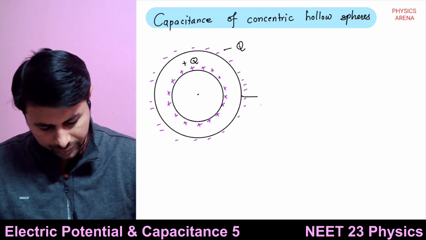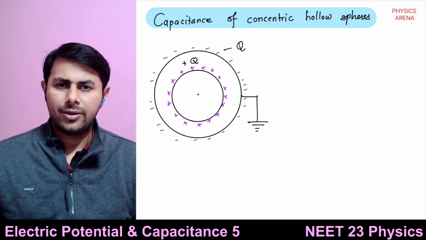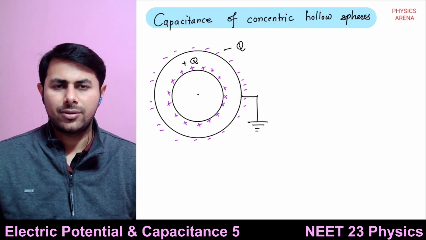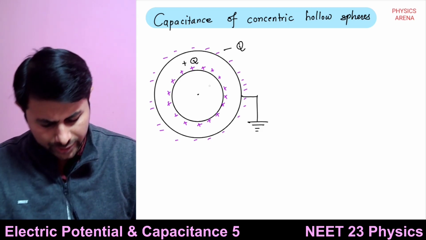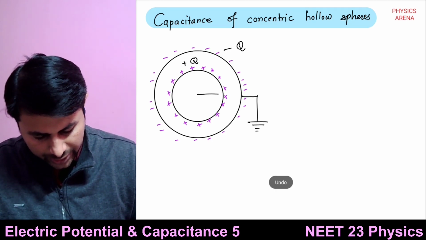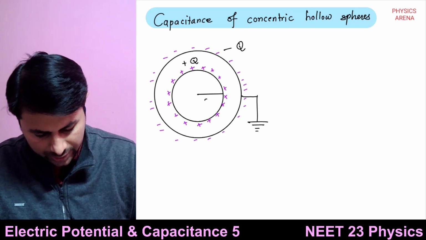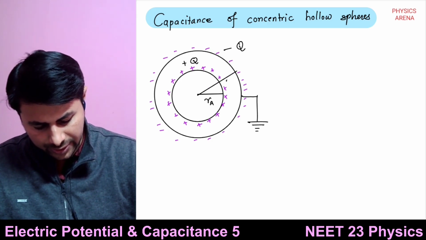Okay, so now see what will be the potential difference in this case. Let's suppose the radius of the inner sphere is RA and the radius of the outer sphere is RB.